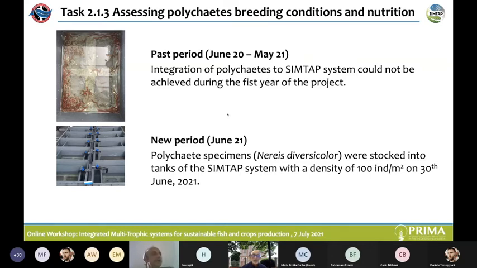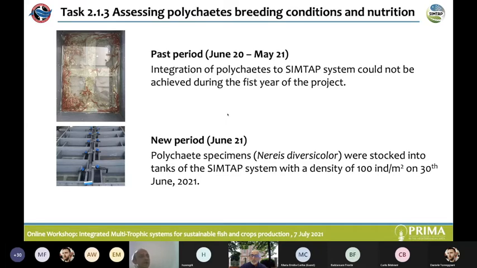Last year, we conducted some experiments, mainly based on experience, but a complete integration of polychaete units to the SIMTAP system could not be achieved during the first year.